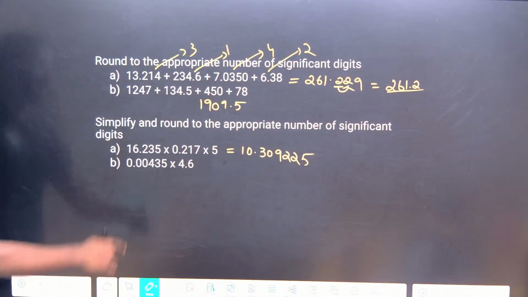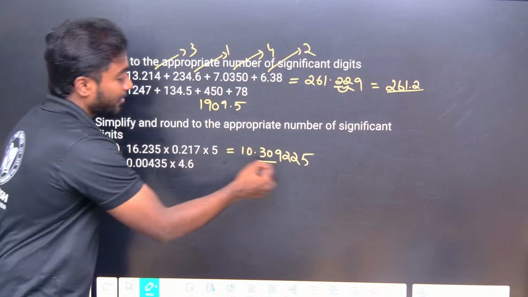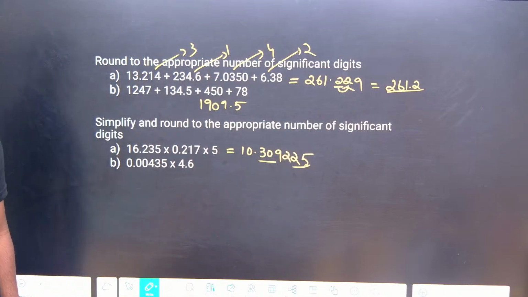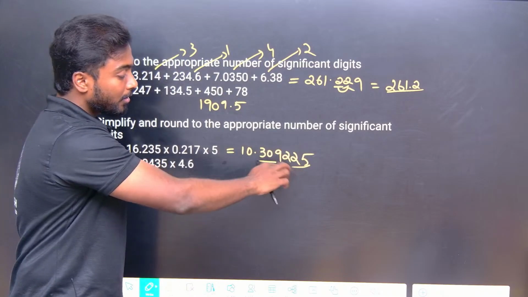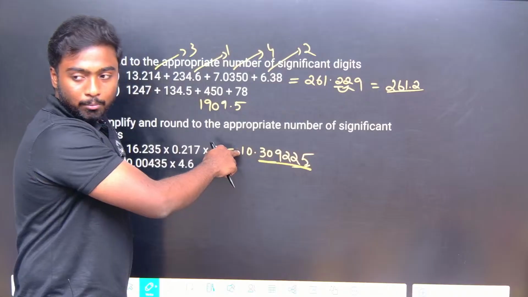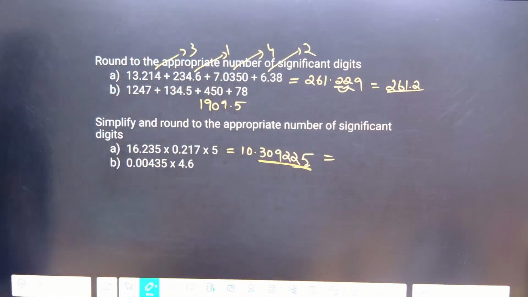Okay, so what is the number I should take now? 1 into 10 to the power 336. 1, 2, 3, 4, 5, 6. 10 power 7, no? Minus 7. So this is point 6, and one more 0 is upside. What will come? 1 into 10 to the power minus 7.